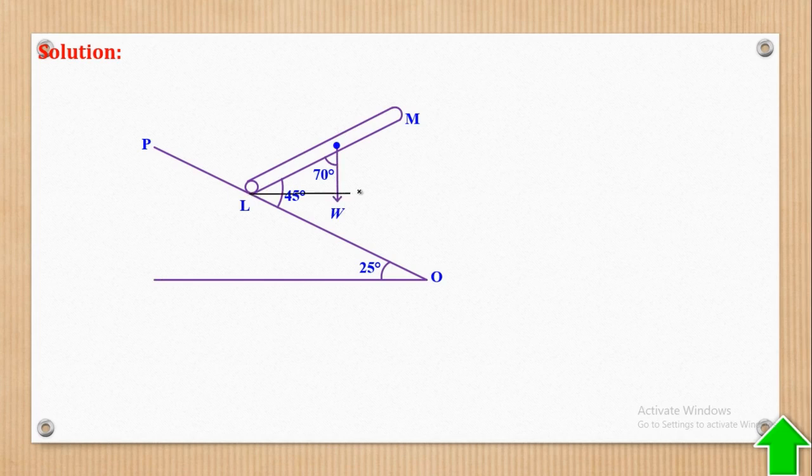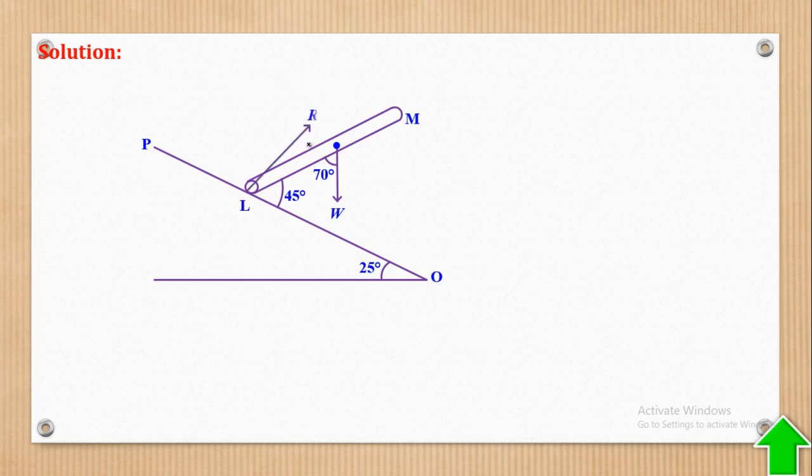If we draw a horizontal line here, you realize that this angle is equal to this angle because they are alternate angles. So you have seen that this is now 25. Now because the whole of this is 45, it implies that the remaining angle is 20. So after knowing that that is 20, you realize that this one forms a right angle triangle at this point. Therefore, if this is 20, it implies that the remaining angle will be 70.